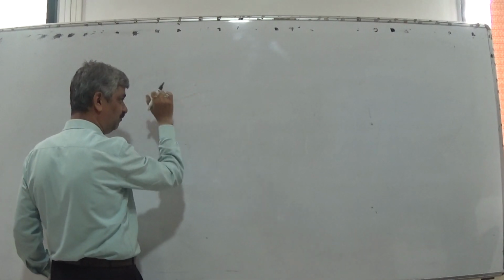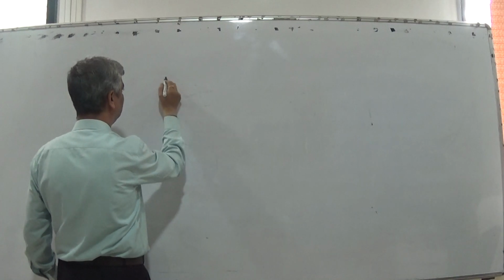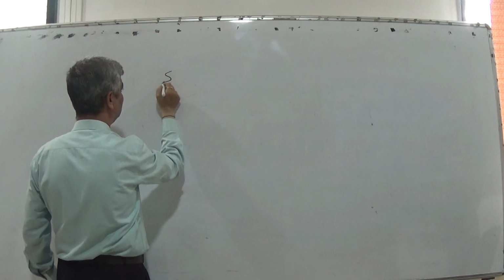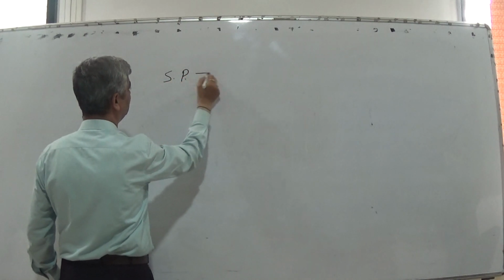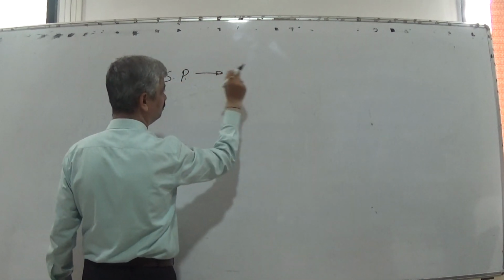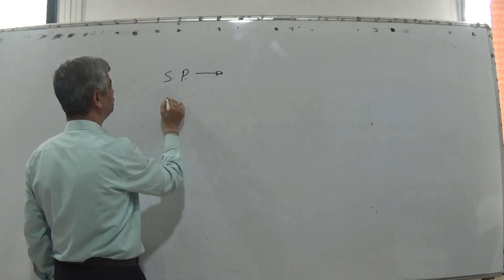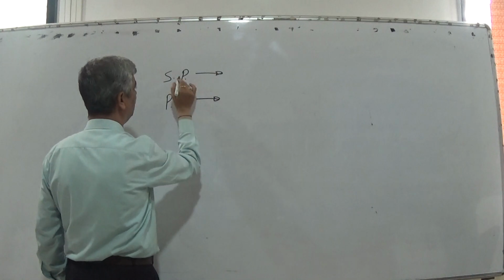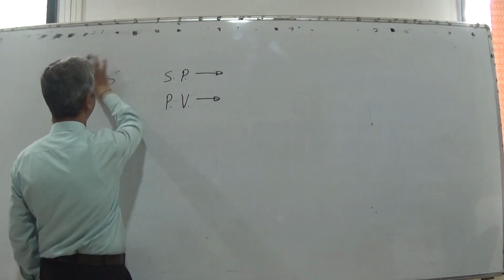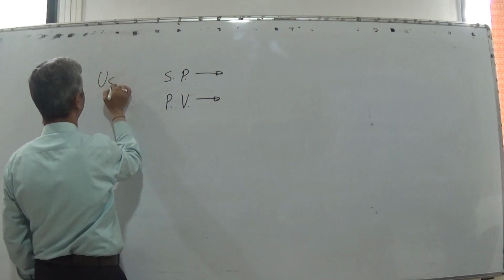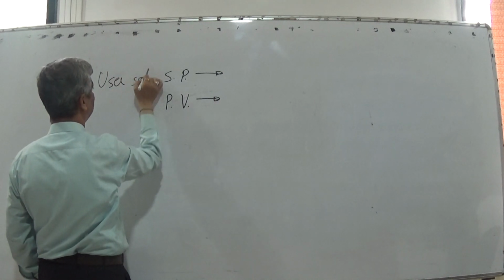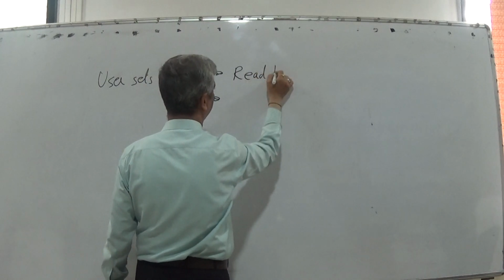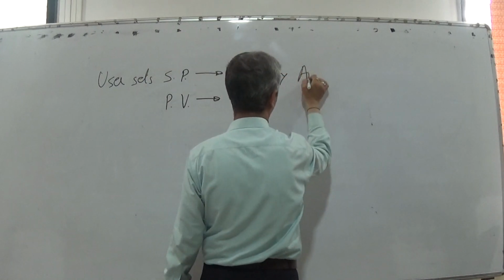The Arduino program user will be able to give the set point. So the set point is supplied by the user. It is read by the microcontroller, read by Arduino.